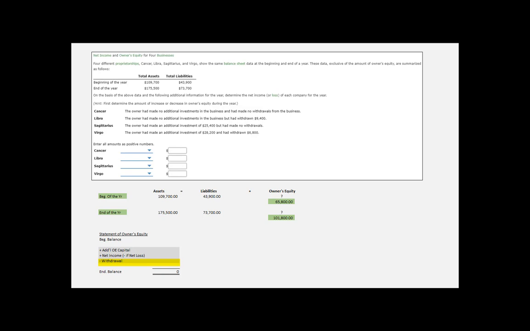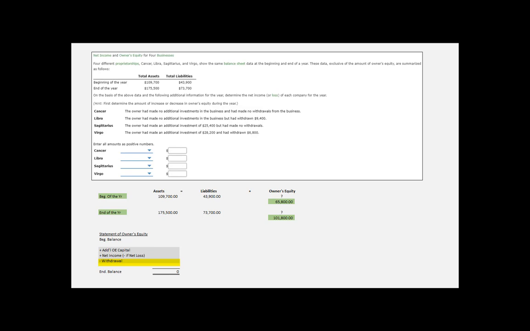Capital is putting money into the business, injecting funds into the company. Withdrawal is if the owner decides to take money out of the business for personal use, then this drawing decreases owner's equity.